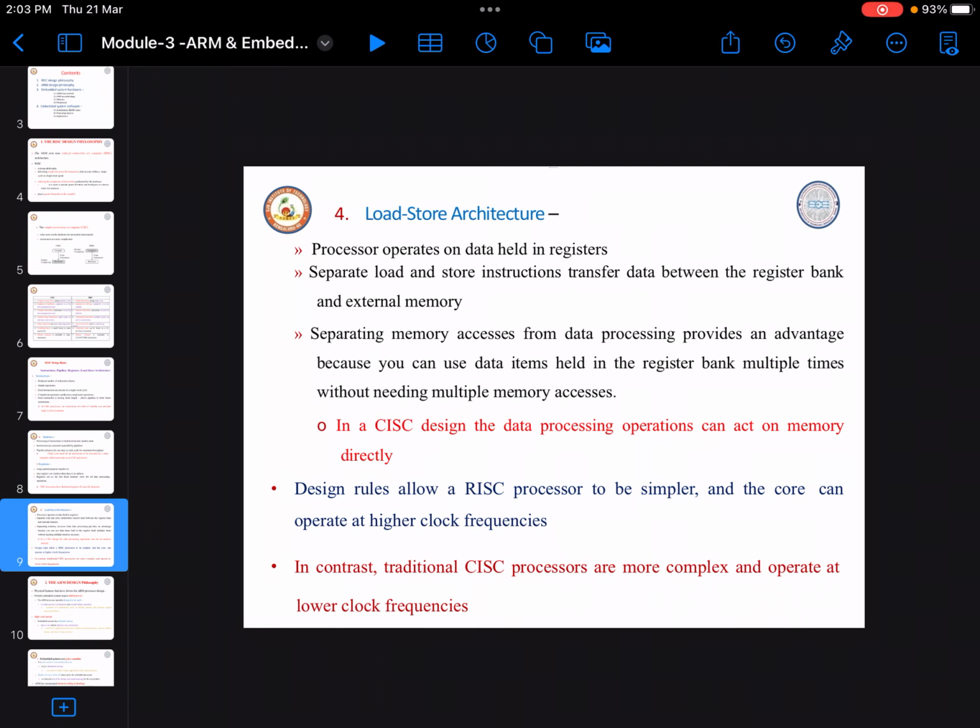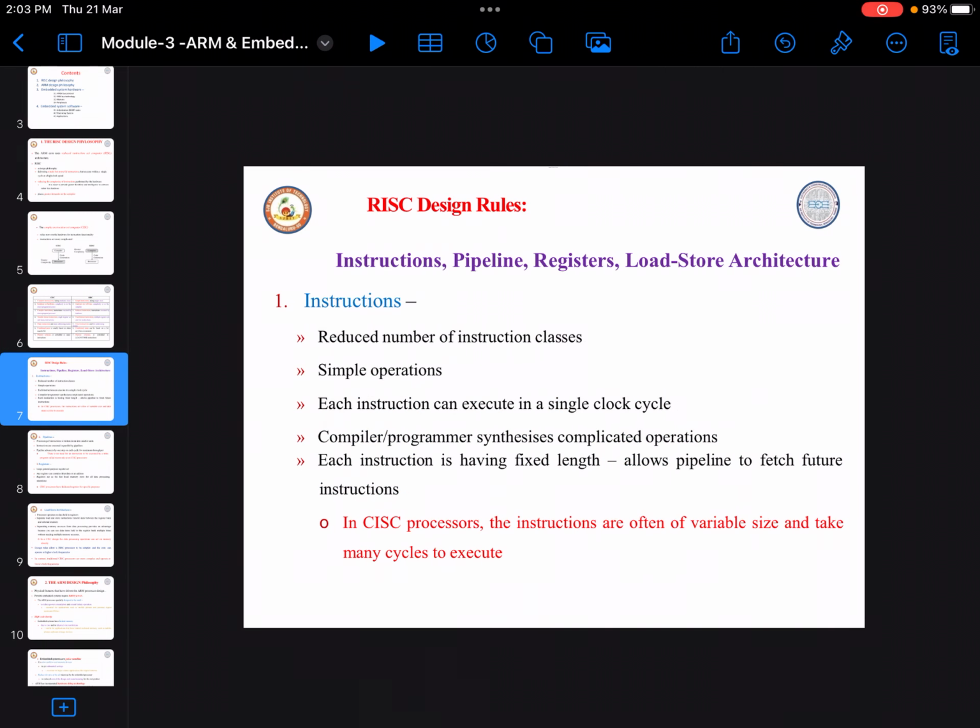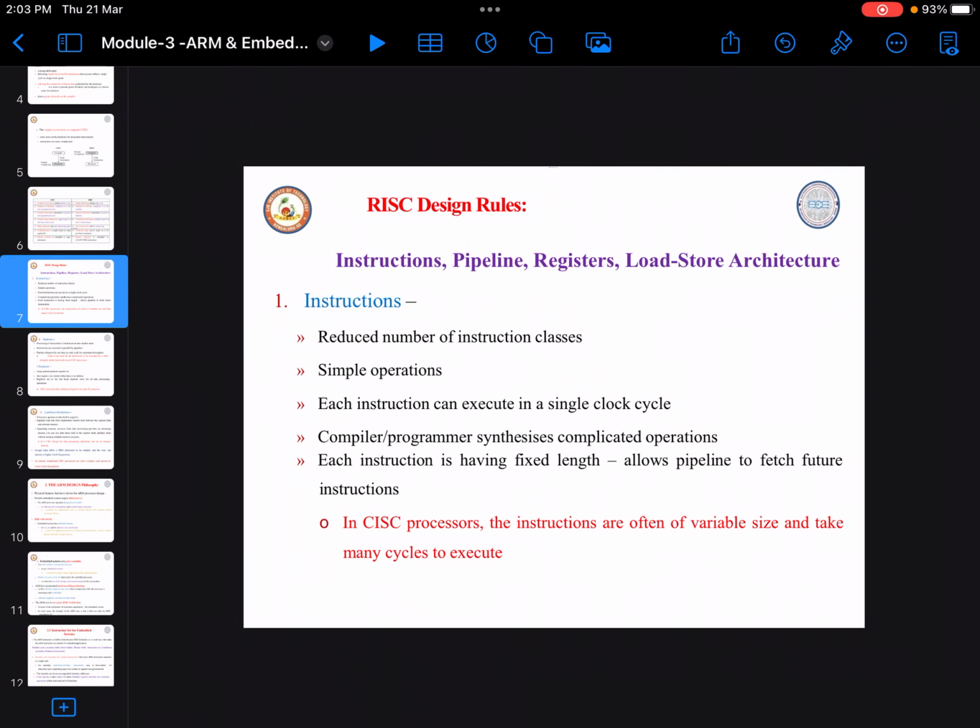So, comparing RISC and CISC, the RISC architecture supports all these four design rules. It supports a reduced number of instructions. It supports pipelining, and with pipelining it increases the throughput. It supports many general purpose registers, and accessing the external memory is through load-store architecture.